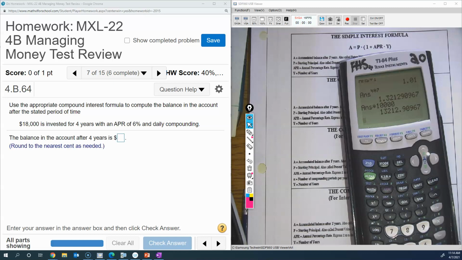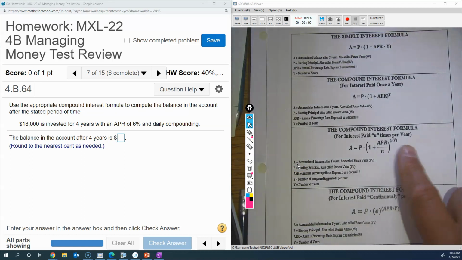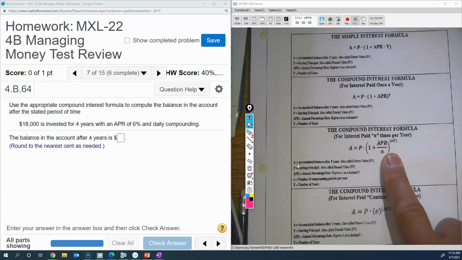Let's see, it's compound interest, 6%, and it's compounded daily. So we're using the same formula, but now n is 365. Everything else is the same process.